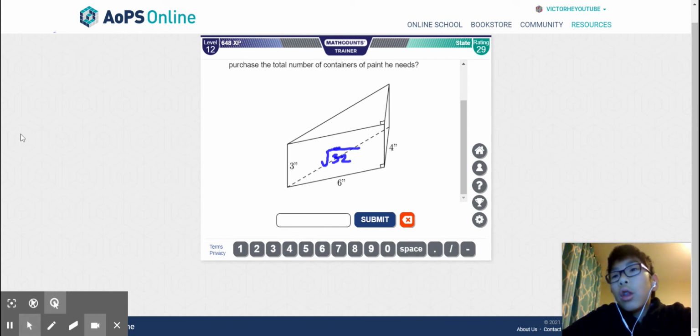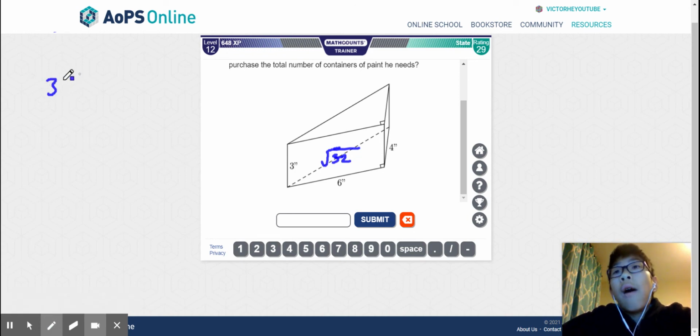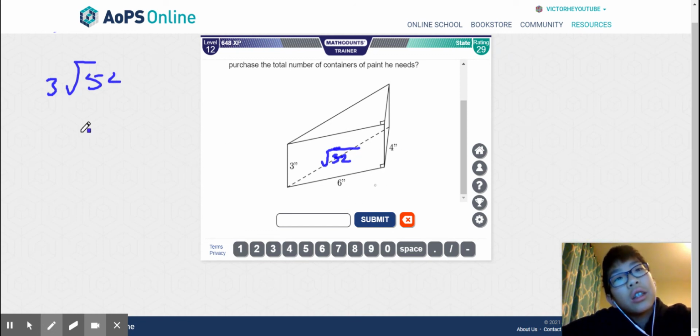Okay, we have 3 square root 52. And then the height is 4, the base is 6, so it is 12, and there's 2, so there's 24. And then here that is 12, and that is 18. So 12 and 18, that's 30.